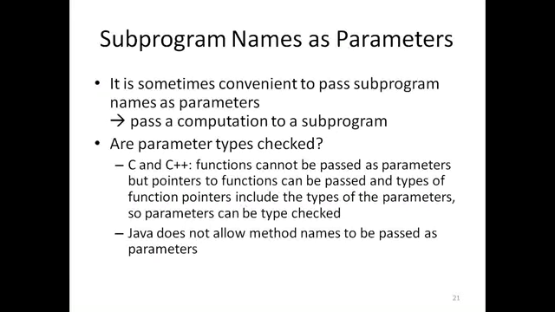Recall that we have already discussed the use of function pointers in C programming. Java does not allow method names to be passed as parameters. The question is what referencing environment for executing the called subprogram should be used. That means, what is the correct referencing environment for a subprogram that was sent as a parameter?